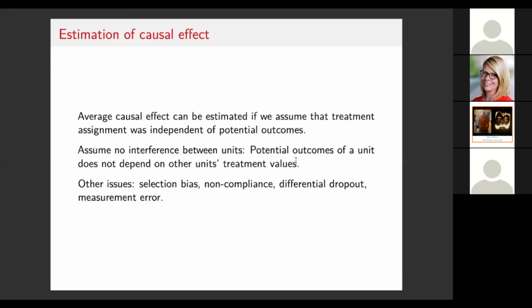Of course, there are other issues like selection bias, non-compliance, differential dropout, measurement error. All of these things can introduce bias into randomized trials and a study of this type.